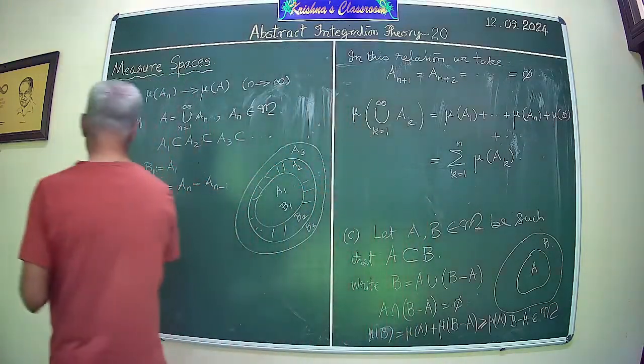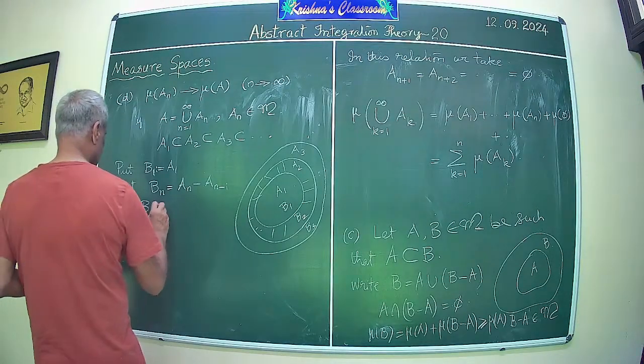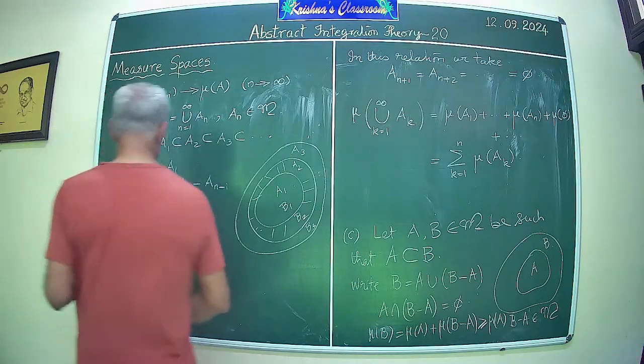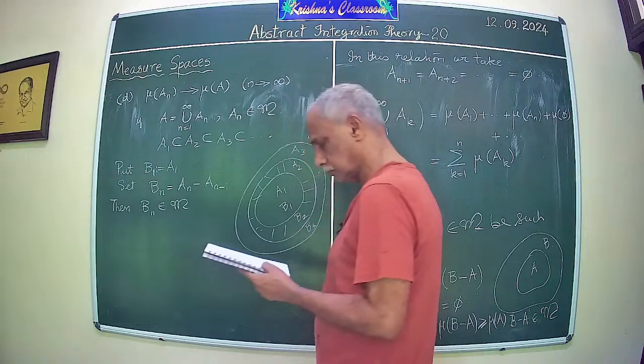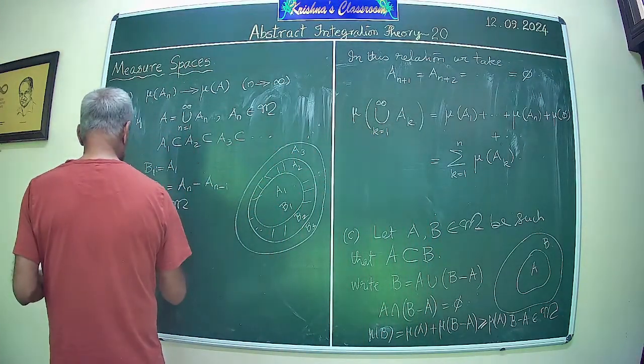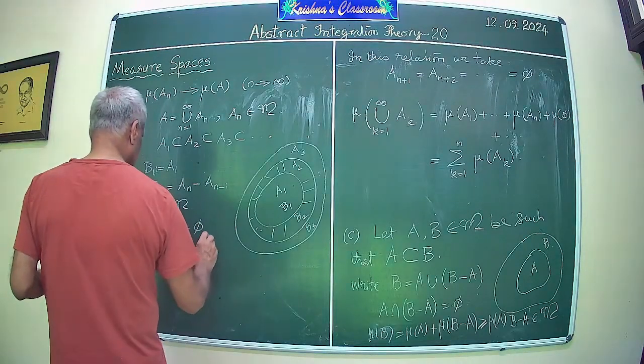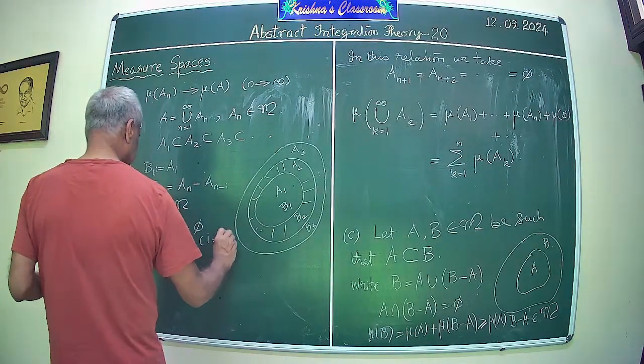Then they are all measurable sets. And also you have Bi intersection Bj empty whenever i is not equal to j.